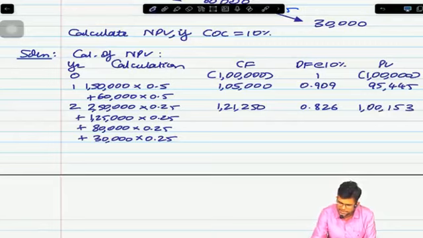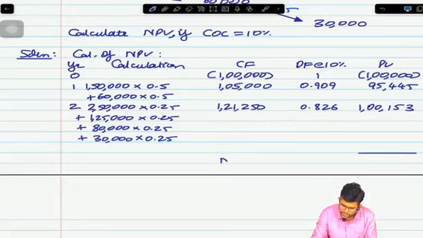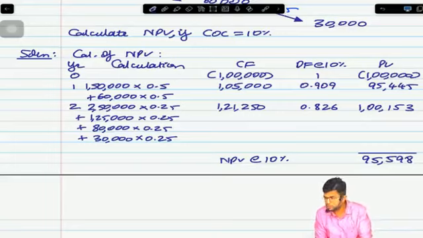You have taken 3 decimals only, no? I'm asking you, have you done this exactly? Okay. So this comes to NPV at the rate 10%, please. I need NPV, 95,598. Everybody clear till here? Anyone wants to ask anything?